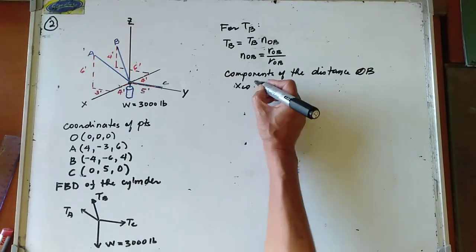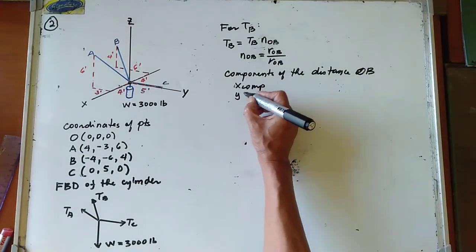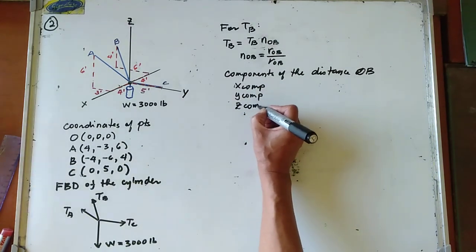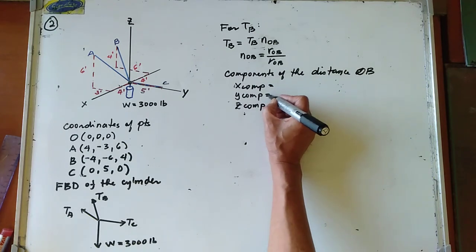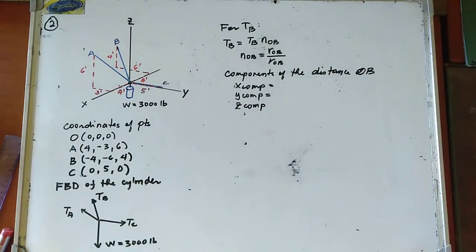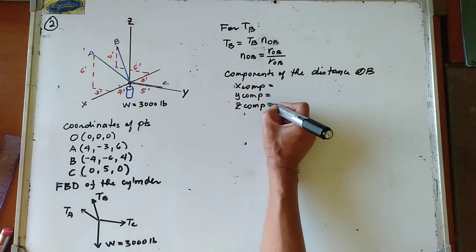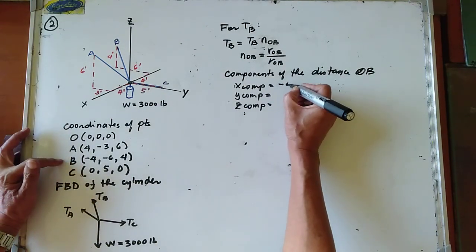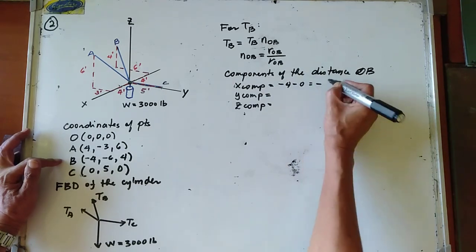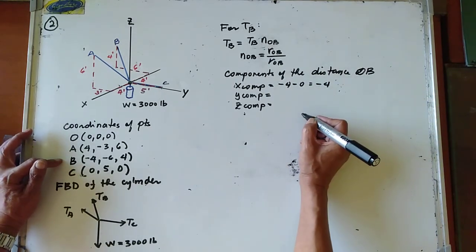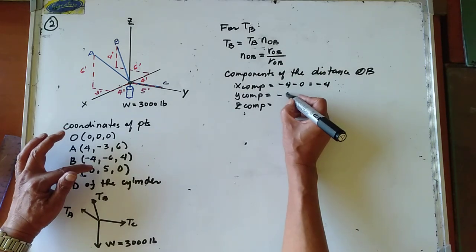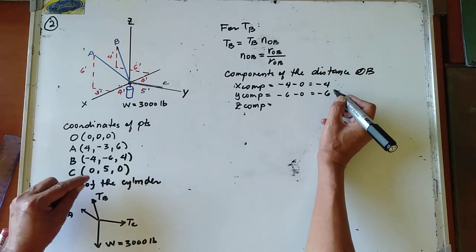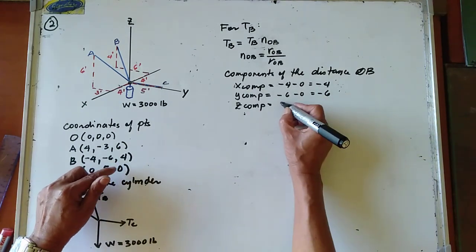Again, we have your X, Y, and your Z. So, this is B minus O. So, we have minus 4, and then minus 6, and your Z is 4.